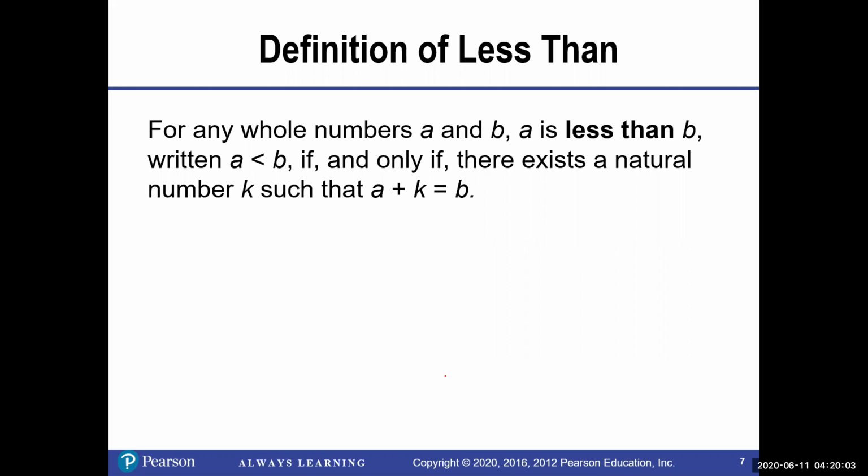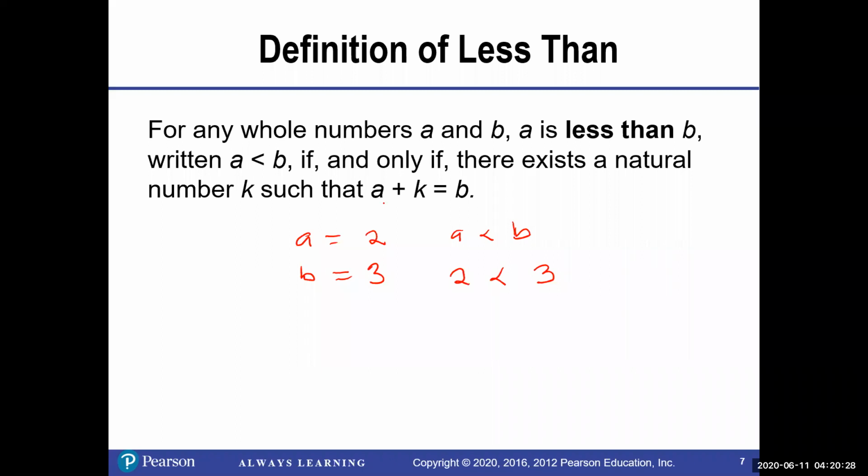If I have a number A and B, I'll let my A be equal to 2 and my B be equal to 3. Now, if I say A is less than B, that means I'm saying 2 is less than what? 3, basically. Do you see that?